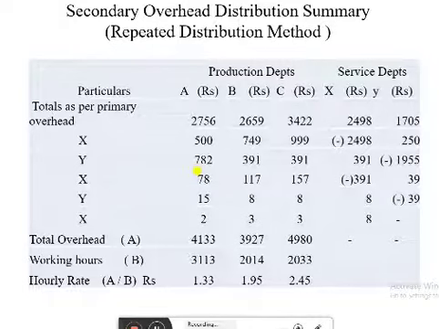Now first is X. The 2,498 as the X department amount has to be distributed according to the ratios given in the problem, that is according to the percentage, as 500, 749, 999 and 250.